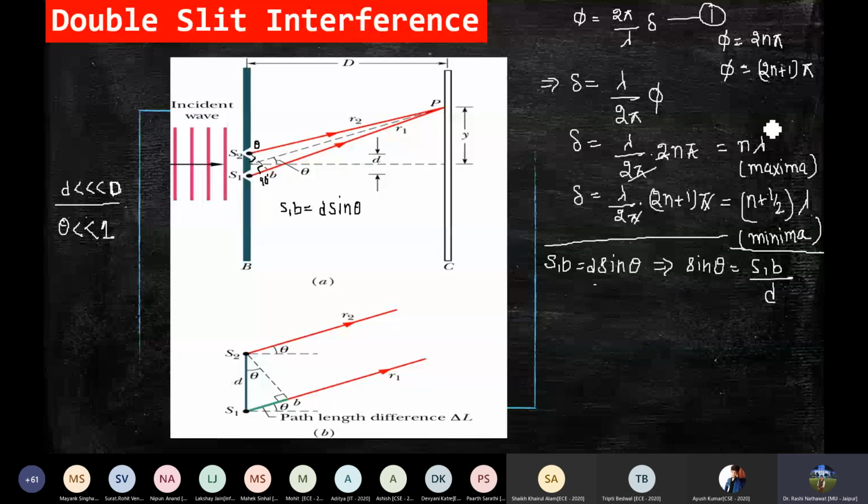Equation number 1, this is equation number 2, this can be equation number 3, and this is equation number 4.